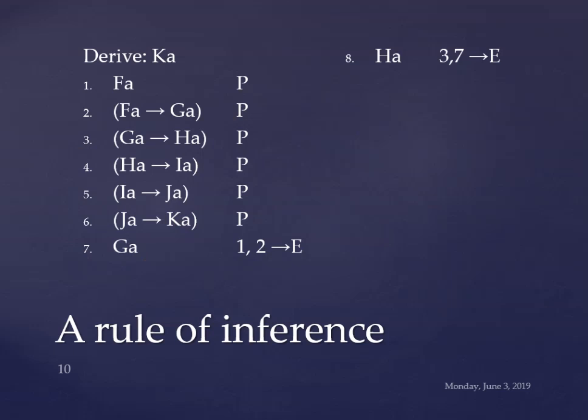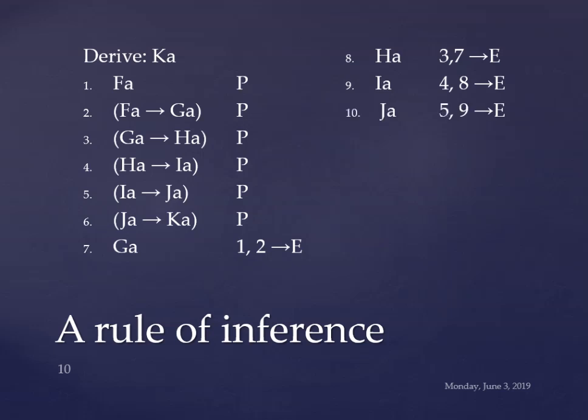Now that I've got Ha, I can write down Ia, from lines 4 and 8. I got Ha on line 8, and I got Ia arrow Ja. Now that I've got Ia, I can get Ja from lines 5 and 9.